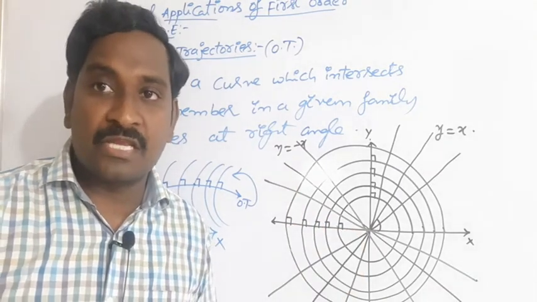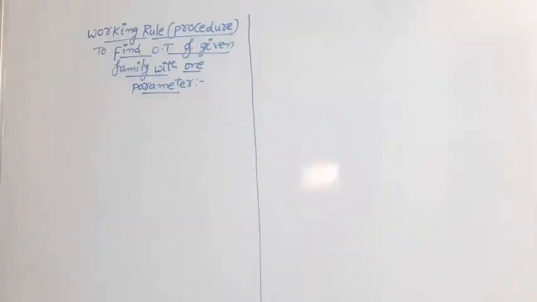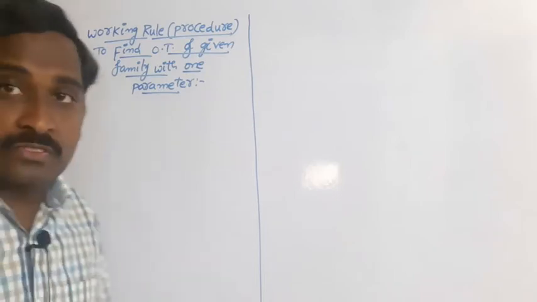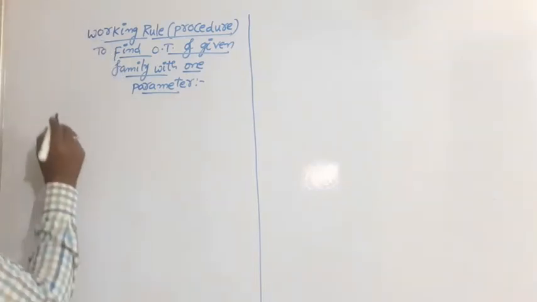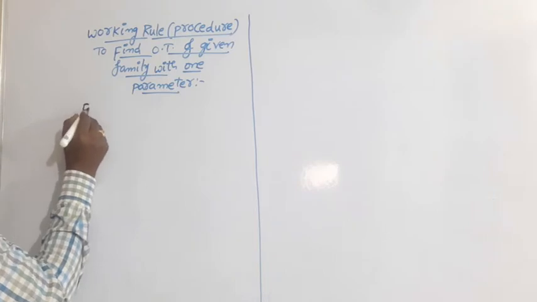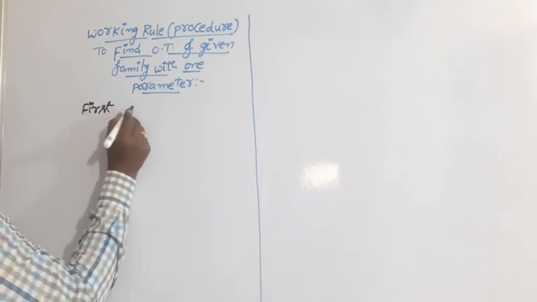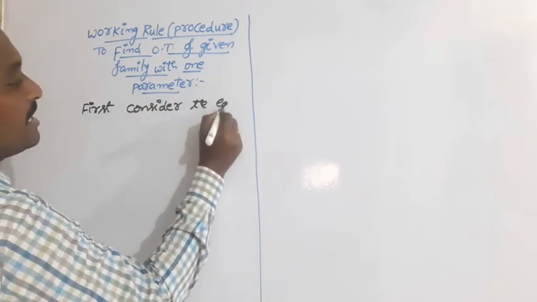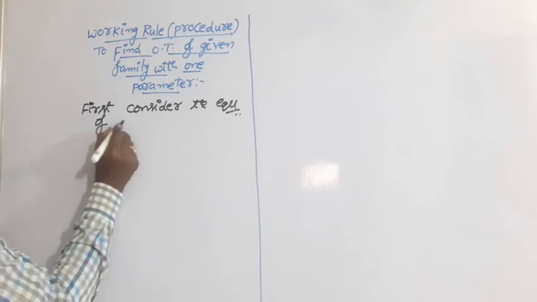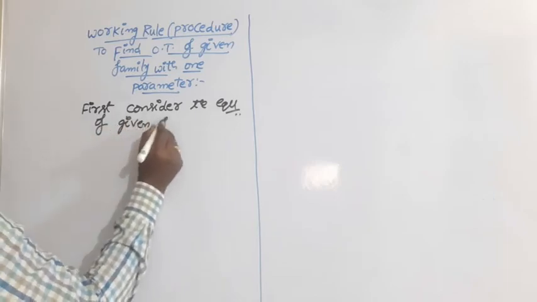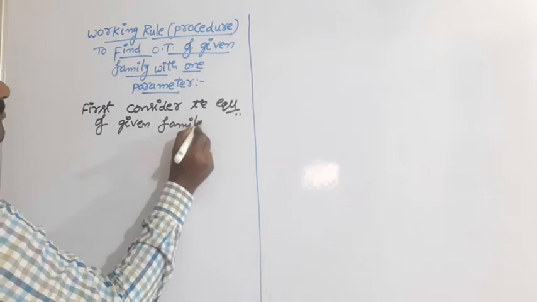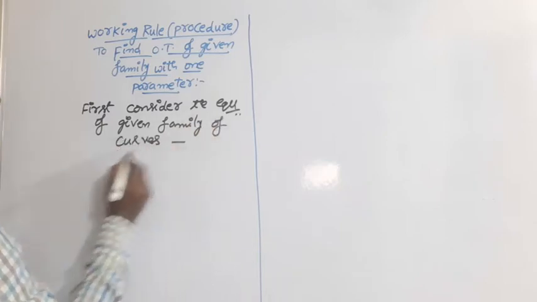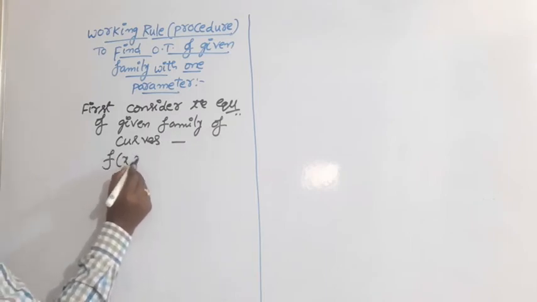I will give the procedure now. The procedure to find the orthogonal trajectory of a given family of curves. First, consider the equation of the given family of curves in the form f of x, y.